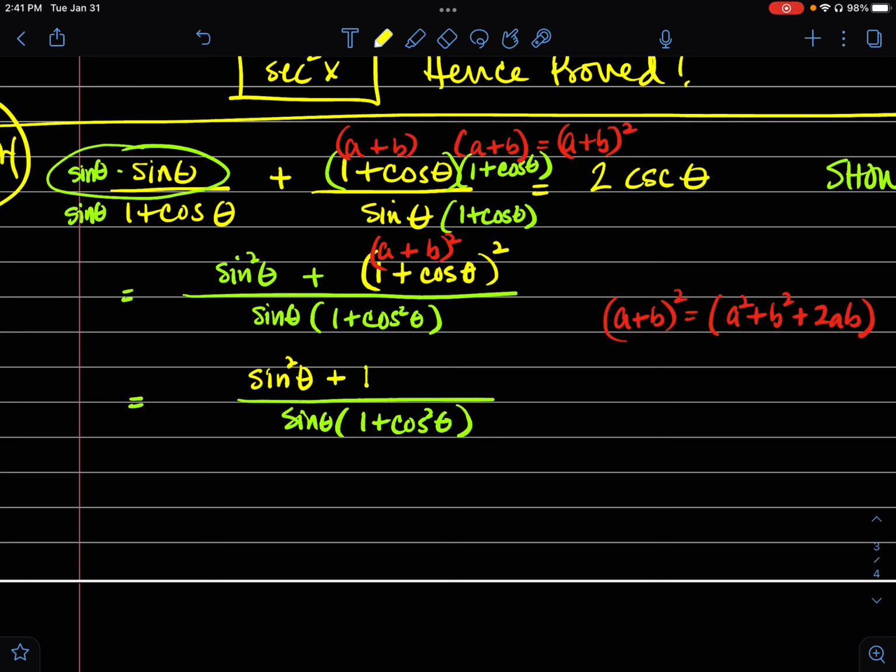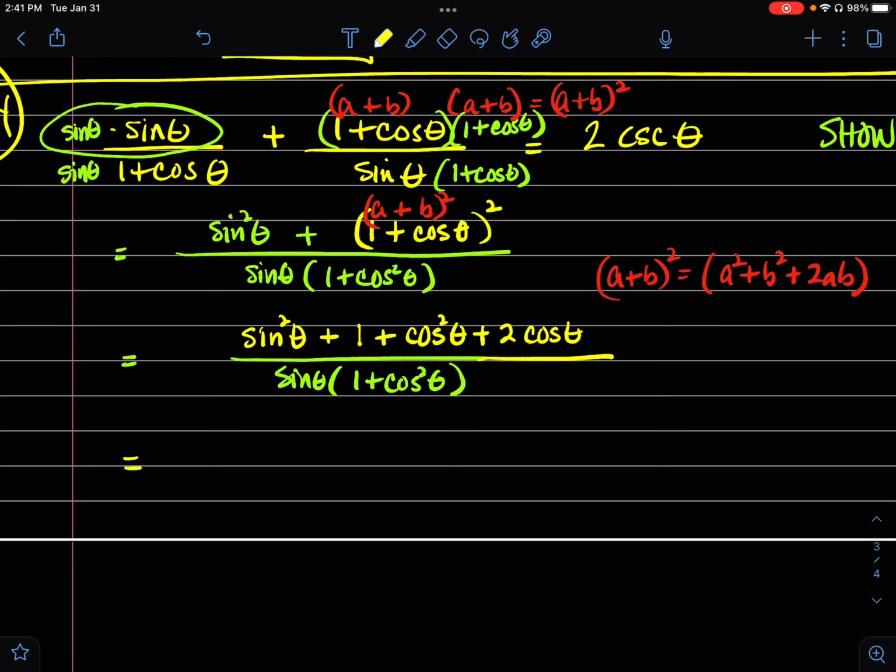A squared, which is 1 squared, plus b squared, which is cosine squared, plus 2 times a times b, which is 2 times 1 times cosine theta. Okay, and then clearly this plus this, that's 1 coming up there. That's 1. And then don't forget the one that was already sitting there.